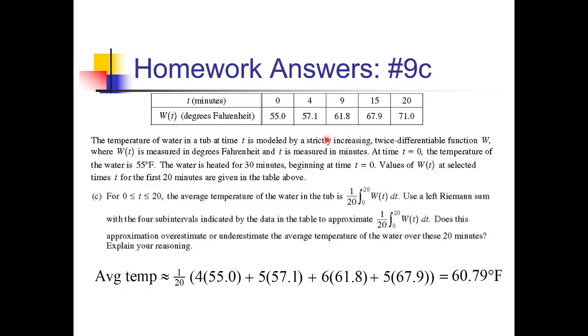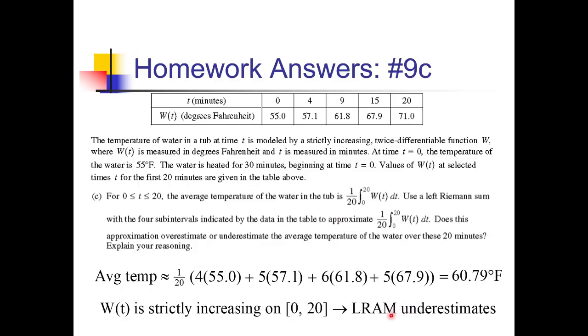So it's increasing along the whole interval that we're trying to average here. Since W(t) is strictly increasing on the interval from 0 to 20, it's important to specify 0 to 20 because that's the interval we care about. That tells us that LRAM is going to under-approximate. LRAM always underestimates when you have an increasing function. RRAM would have overestimated. So there we are.